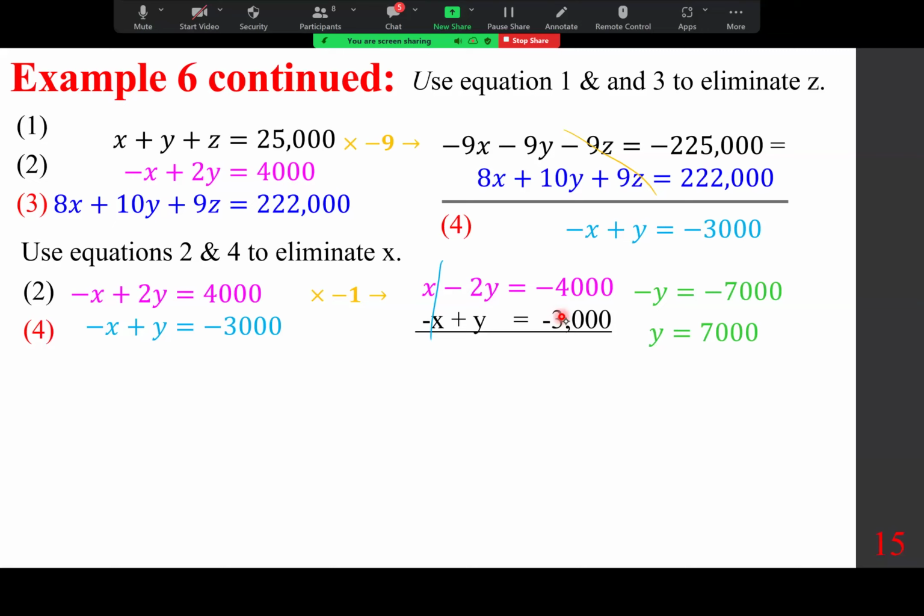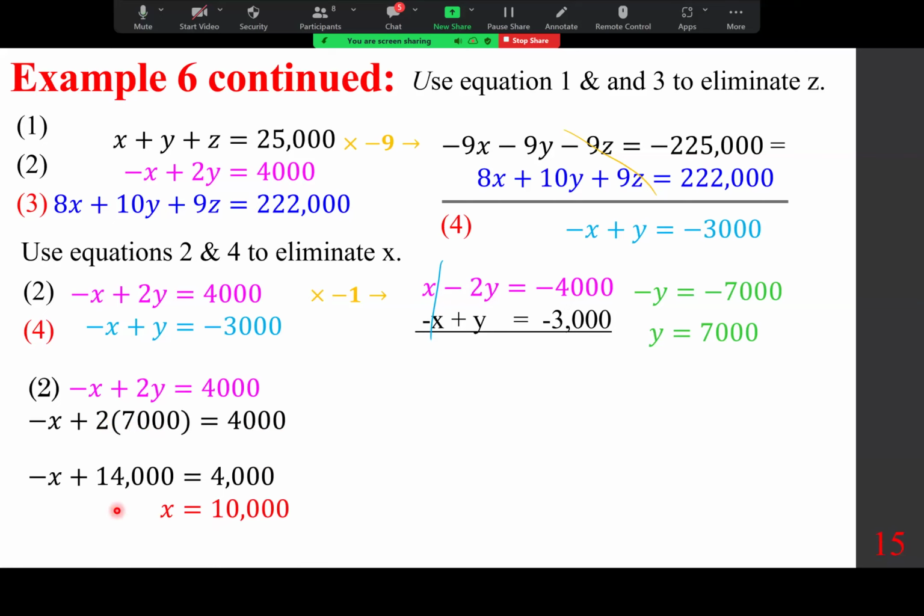So you can use one of these equations, 2 and 4. But we're going to use 2 because in essence it is in the original set. So if you use number 2, minus x plus 2y equals 4,000, that means minus x plus 2 times 7,000 is 4,000, and this is 14,000.